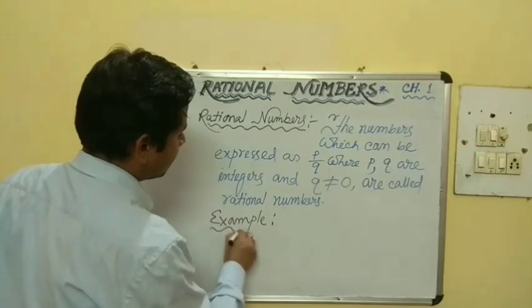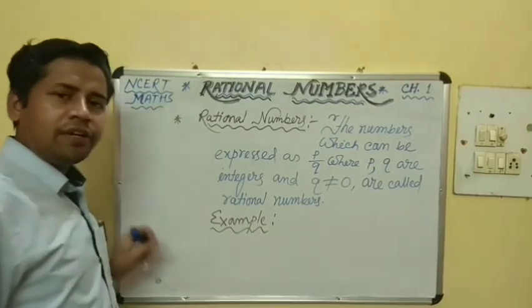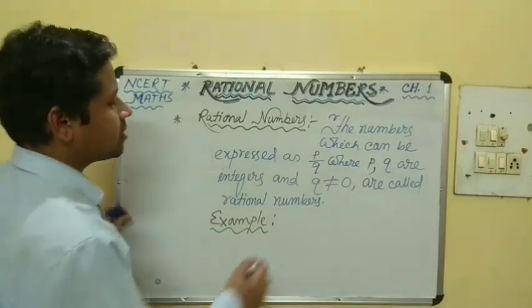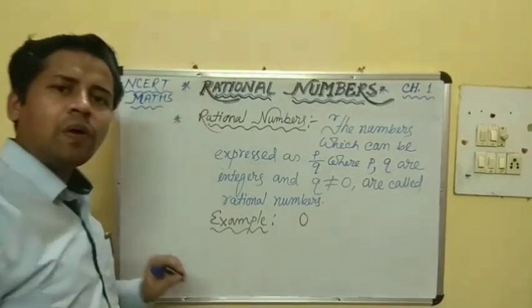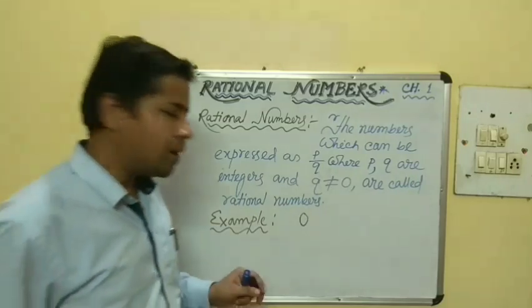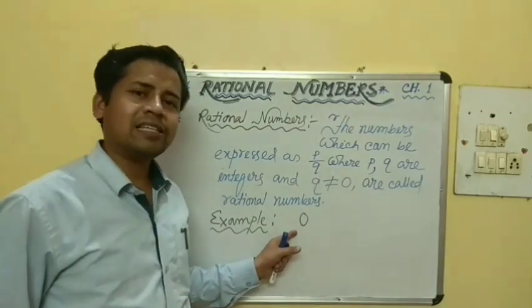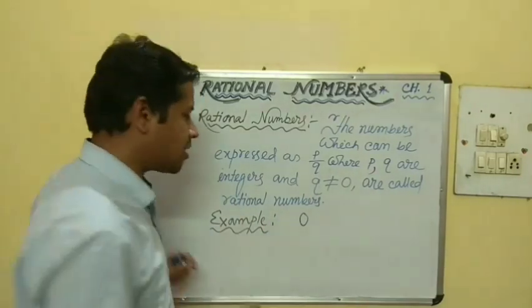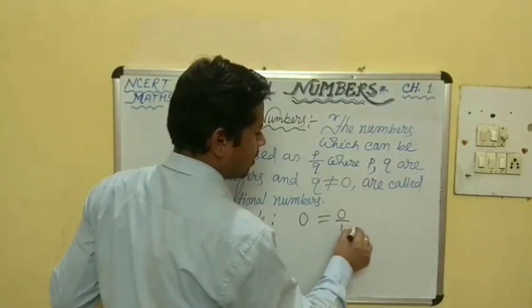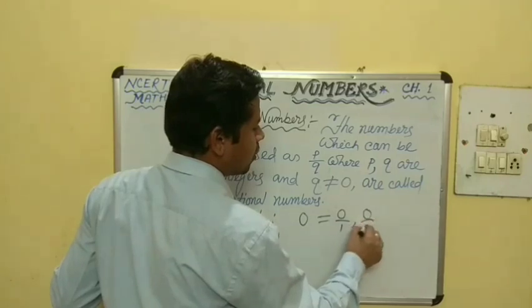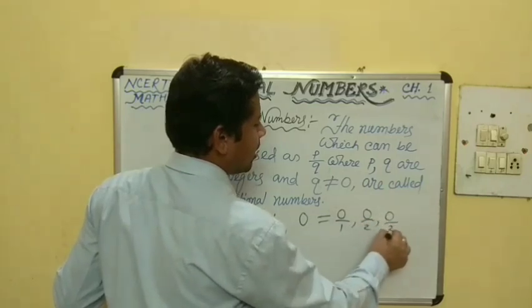Let us take a number. If we take a number like 0, is 0 a number which is expressed as P by Q? Yes, of course. We can express 0 as 0 by 1 or 0 by 2 or 0 by 3.